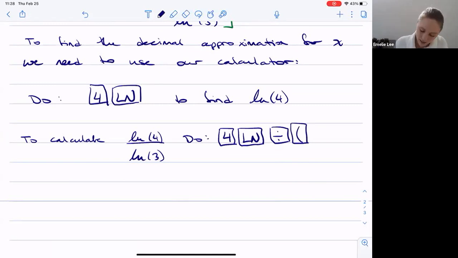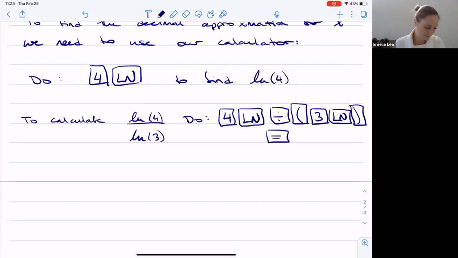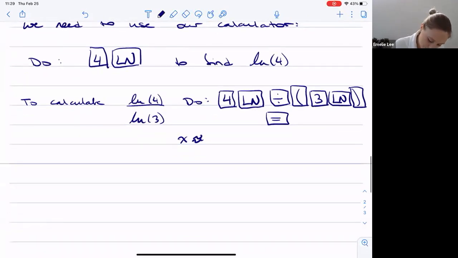We can check, but I don't think you need them, but just in case. 3 ln end bracket, and then the equals button. And we'll find that x is approximately equal to, right? I use that squiggly equal sign to say, hey, this is a decimal approximation. I understand it keeps going, but if I need a number to talk about, then this is what I would use.